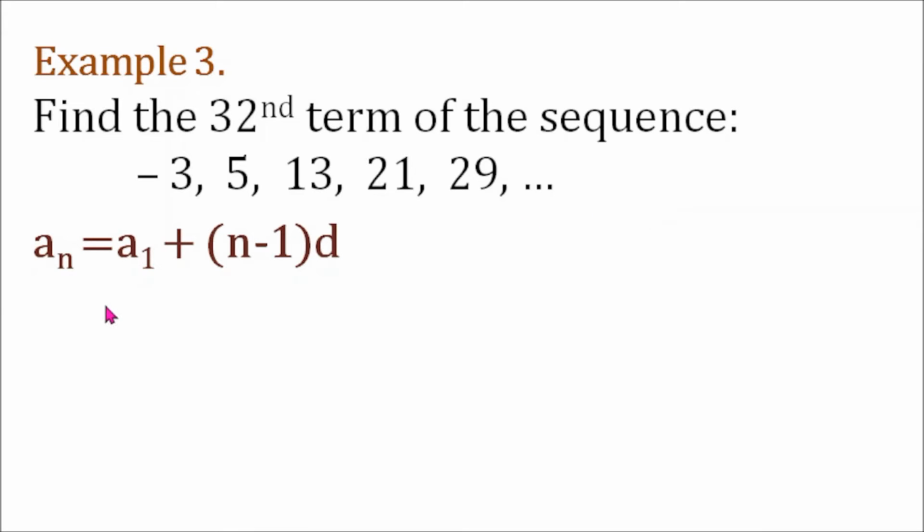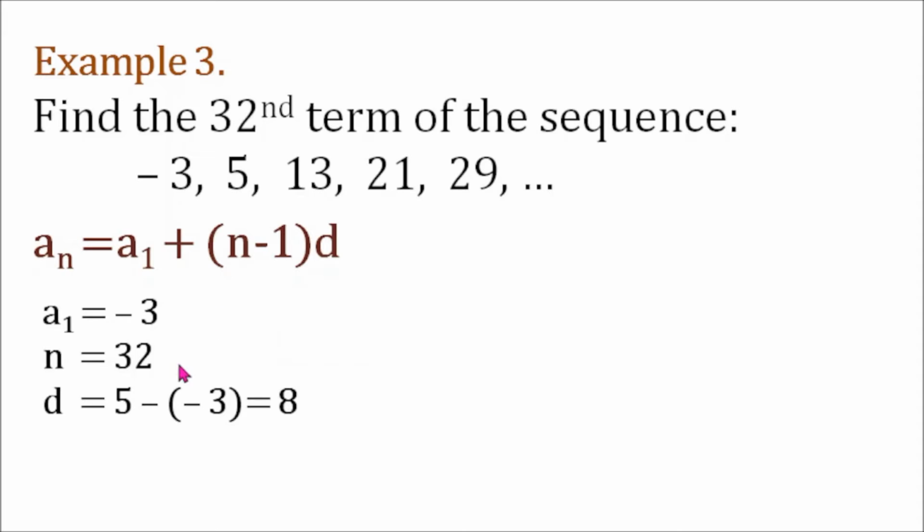What we know here are a sub 1 equals -3 and n is 32. How do we find the common difference? We pick a term and then minus its preceding term. For example, we pick 5 minus -3, that is equal to 8. So our common difference d is equal to 8.